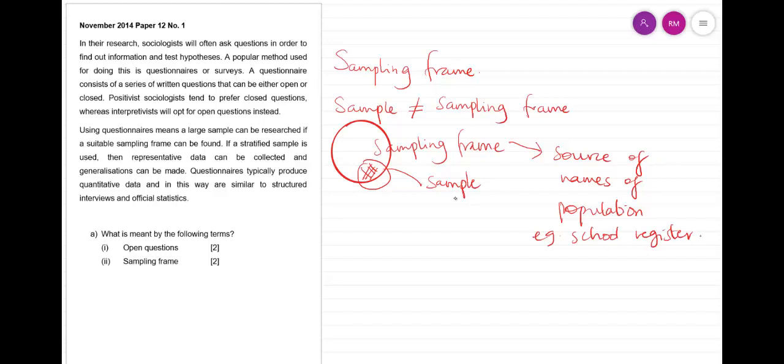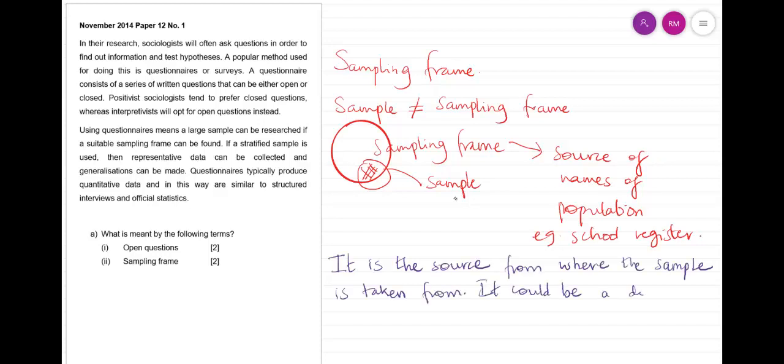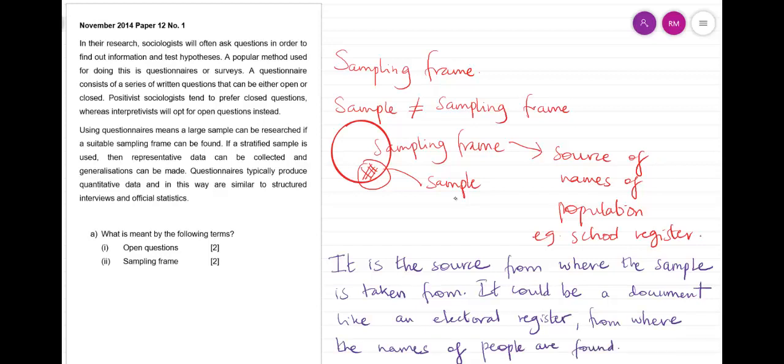A model answer to this question would be, it is the source from where the sample is taken from. It could be a document like an electoral register from where the names of people are found. You will notice here that an example of sampling frame gives the candidate the 2nd mark to this question. That's very important for you to note.